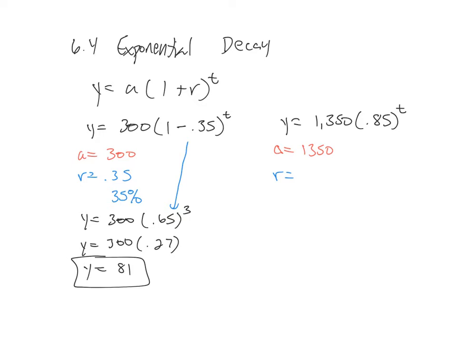On this one, when it's already combined like that, you can just do 1 minus 0.85, and you get 0.15, which is 15%. Okay, so just do 1 minus whatever that is, and you'll get the actual rate.